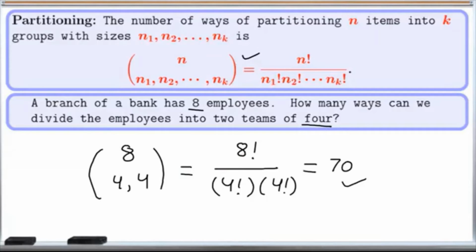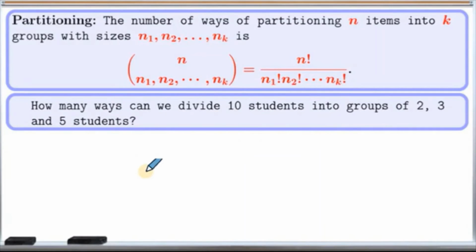So now let's look at another example. Here we need to find out how many ways we can divide 10 students into groups of 2, 3, and 5 students. So here n is 10, n1 is 2, n2 is 3, and n3 is 5. So we are looking at 10, 2, 3, 5.